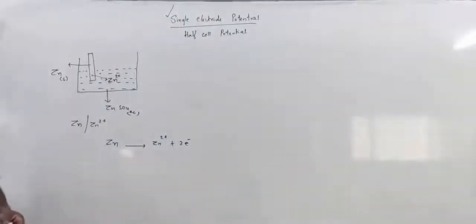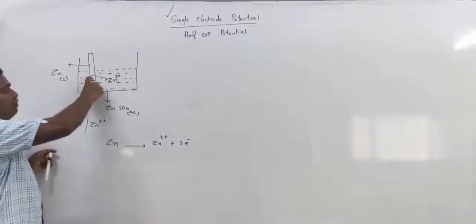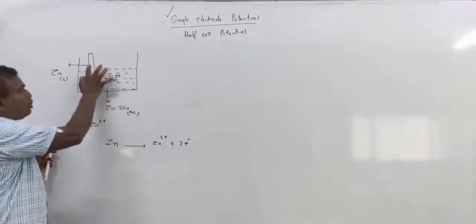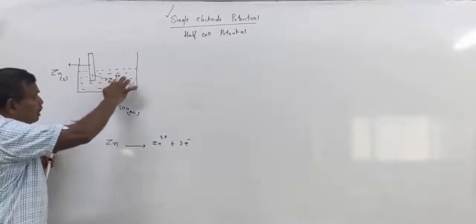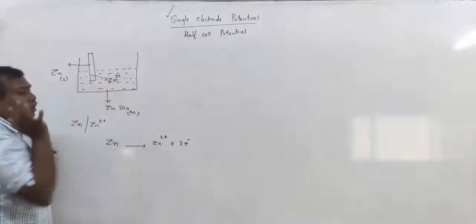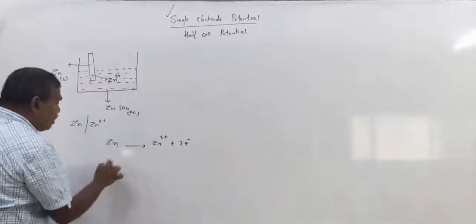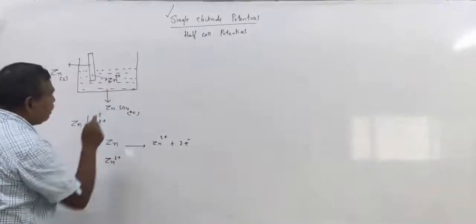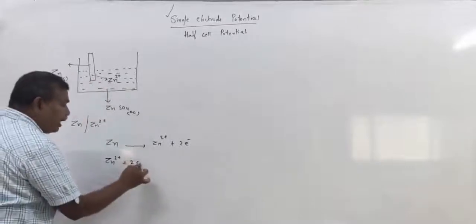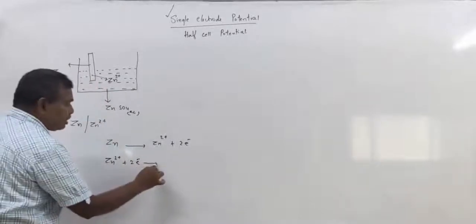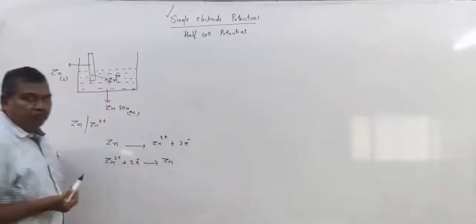Zinc atoms on the surface of the zinc rod may lose two electrons and go into the solution as Zn2+, or Zn2+ ions which are present in the solution may gain 2 electrons on the zinc rod and convert into zinc.